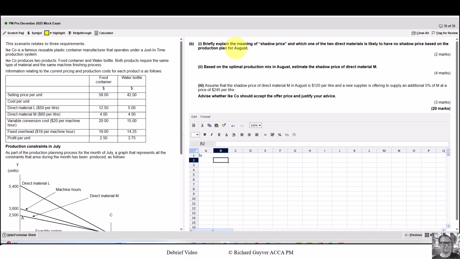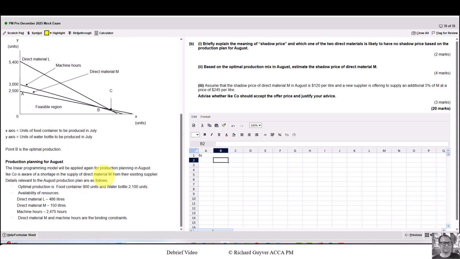Briefly explain the meaning of shadow price, and which one of the 2 direct materials is likely to have no shadow price based on production plan for August. So the shadow price is the additional contribution which would be earned if 1 more unit of a scarce resource was available.